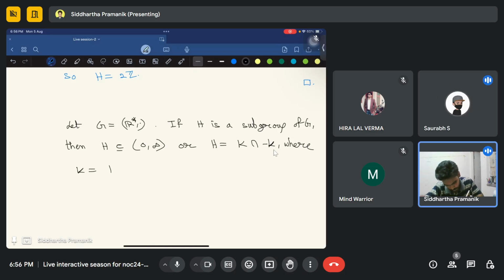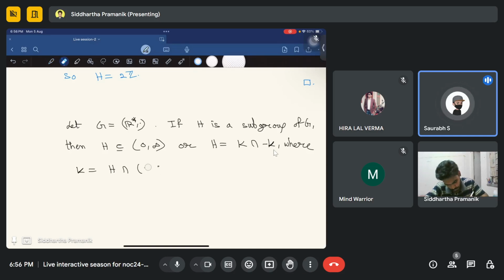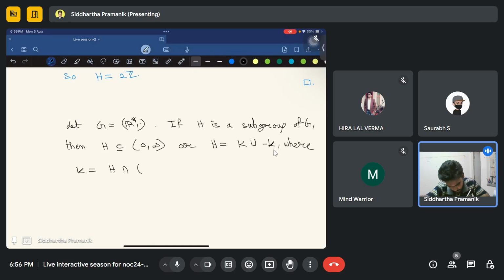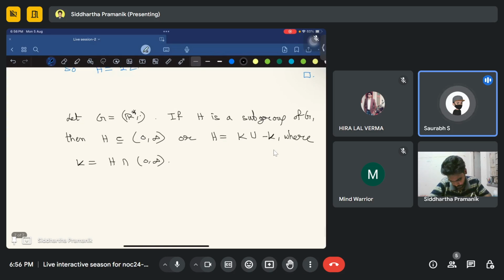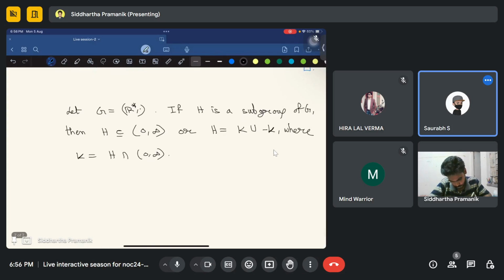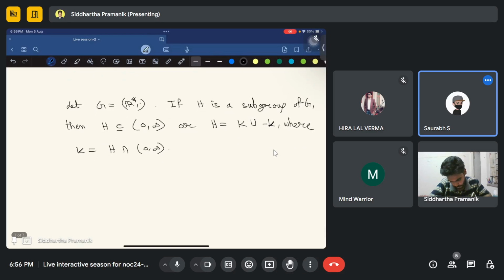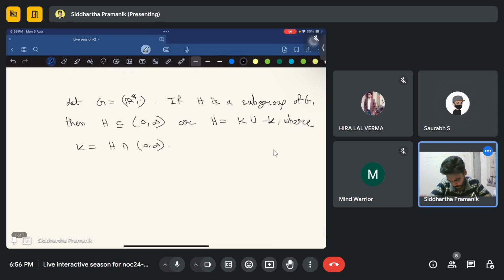K is equal to K union minus K, where K is H intersection 0 comma... Actually, I have to think about it.